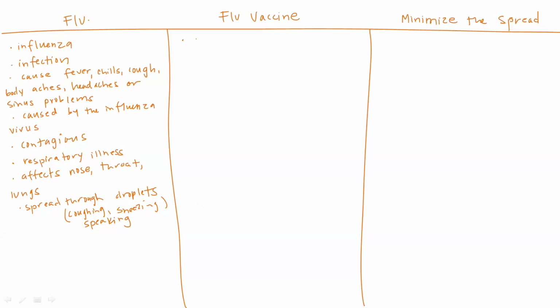Okay, the flu vaccine. So it's recommended for people age 6 months and older each year. And it's recommended each year because the strand of the flu might change, right?